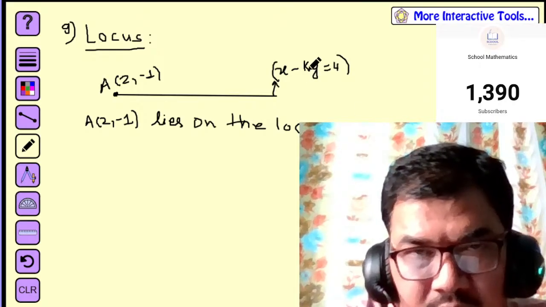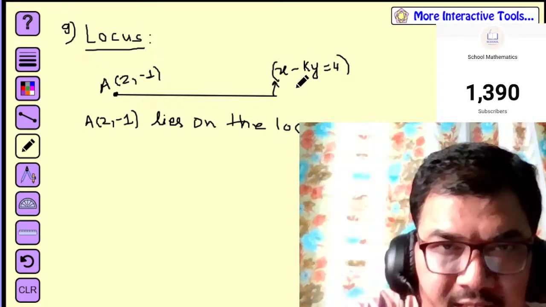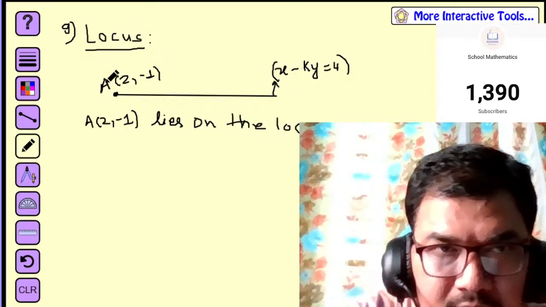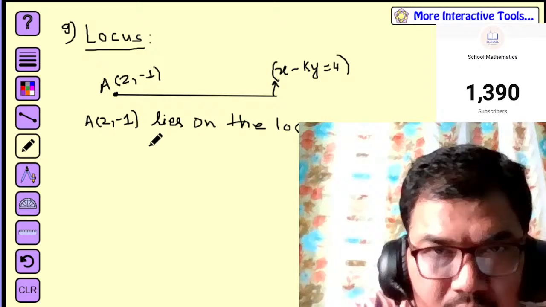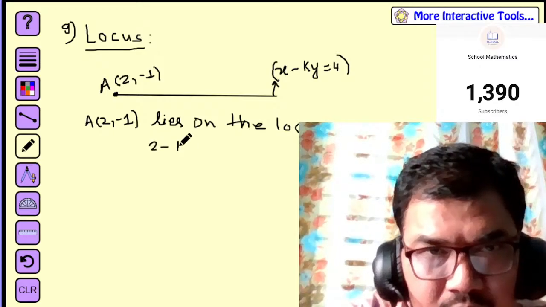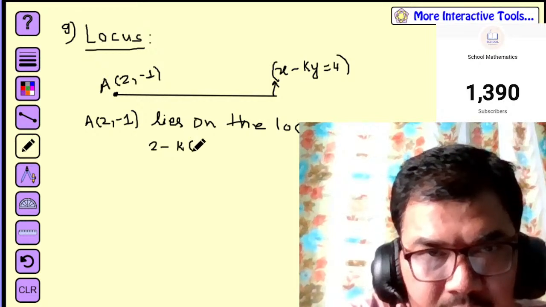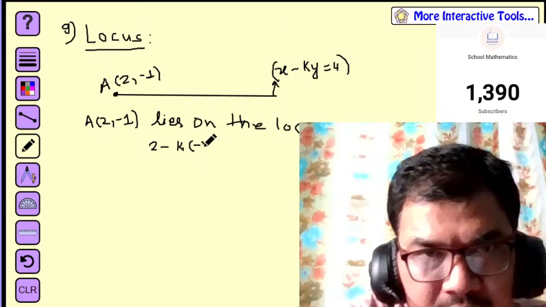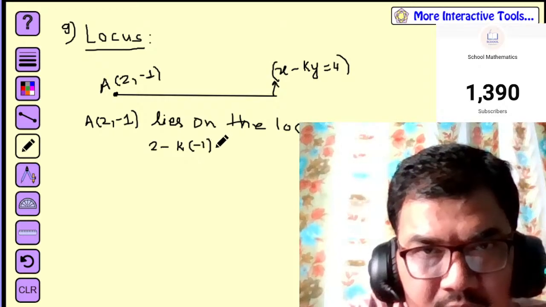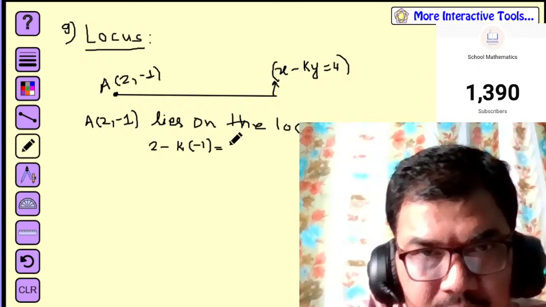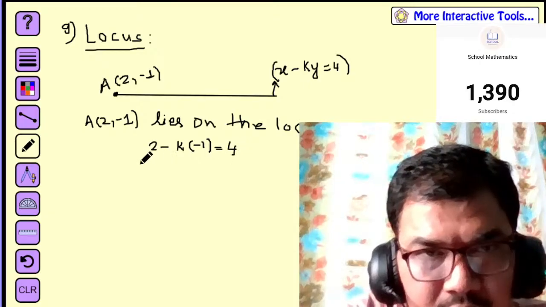Then we will get the value of the unknown k. Then x is 2, so write 2 minus k, and the point's y is minus 1, so we put it in brackets. This is minus 1 and equals 4, right? Write 4. Then we have to solve it.